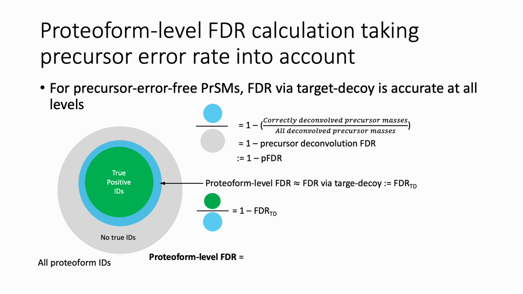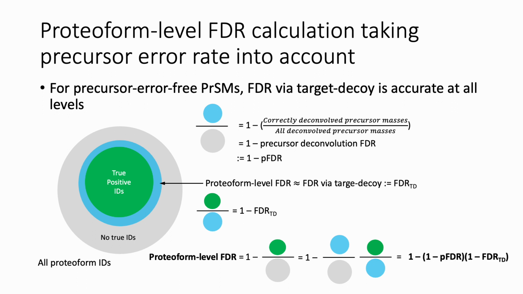So lastly, for the proteoform level FDR, it can be calculated by 1 minus true positive IDs divided by all proteoform IDs. And it can be expressed by this simple diagram. And if we have all the ratios there, so we have the final formula. But still, this PFDR is unknown. We recently developed an estimation method within our FLASHDeconv software, which will be presented elsewhere.